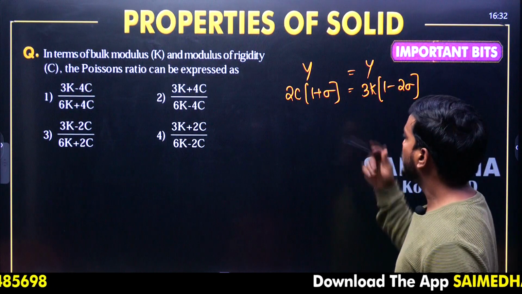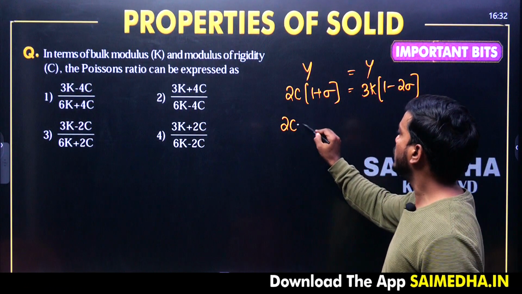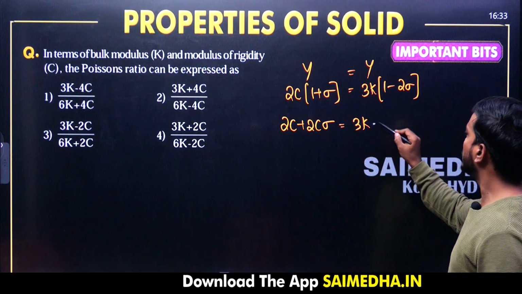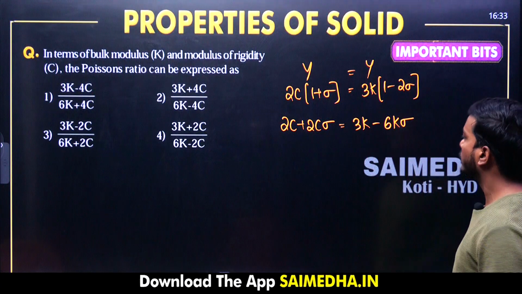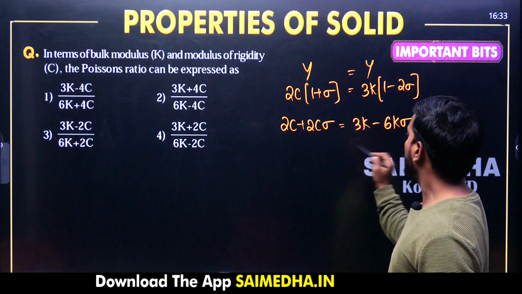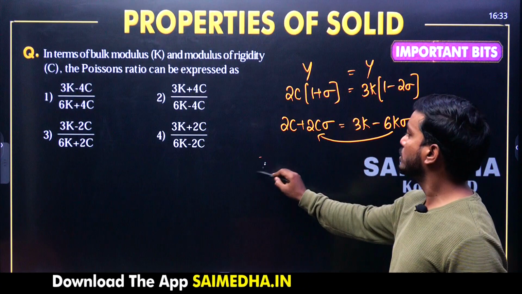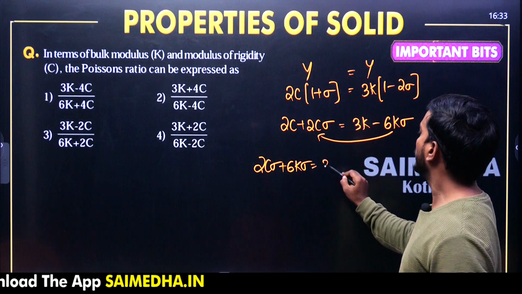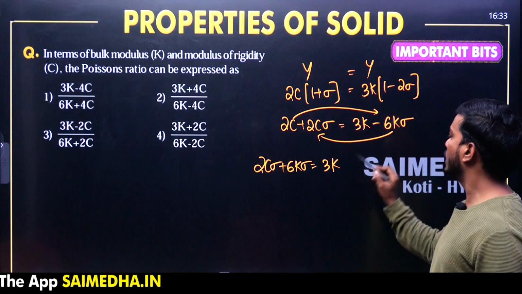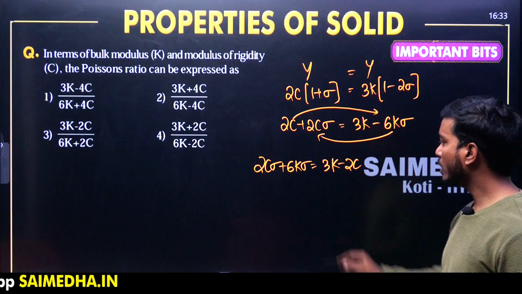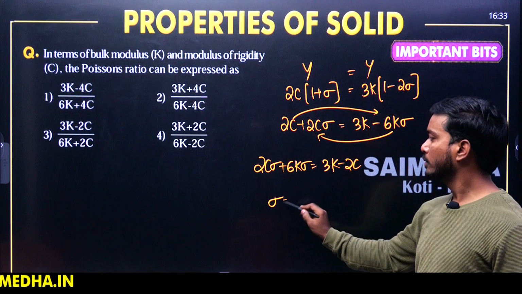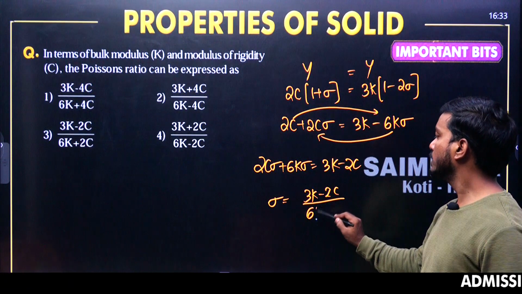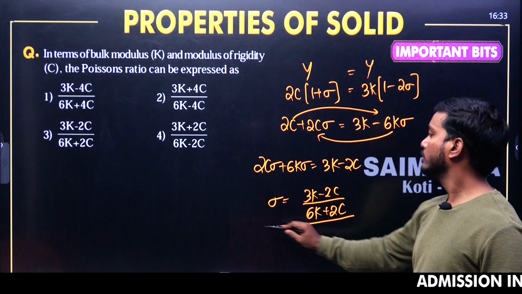If you equate these two, 2c into 1 plus sigma is equal to 3k into 1 minus 2 sigma, 3 twos are 6, 6k sigma. Take 6k sigma to the left hand side: 2c sigma plus 6k sigma is equal to 3k, send this to the right hand side, minus 2c. Sigma is what we require, Poisson's ratio. Sigma is equal to 3k minus 2c divided by 6k plus 2c.